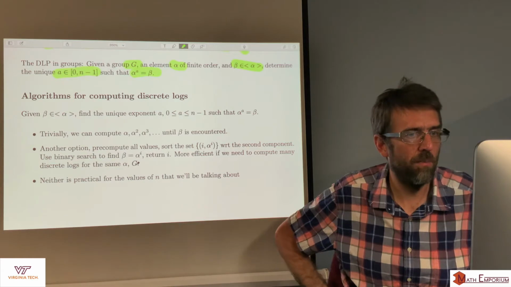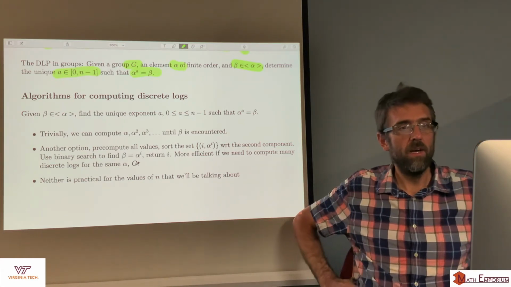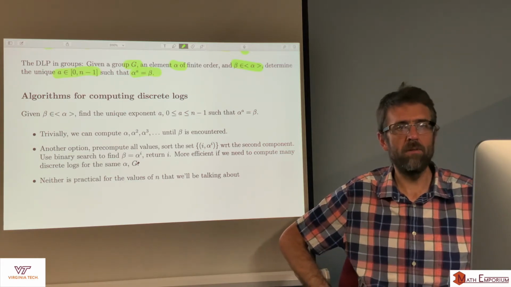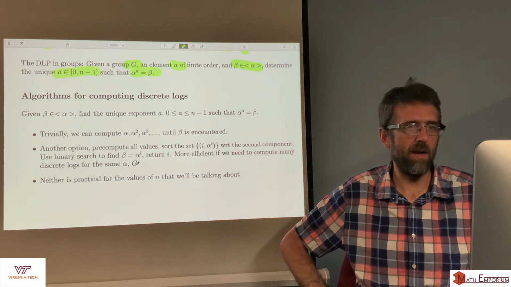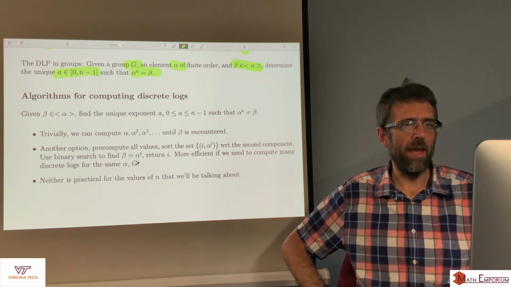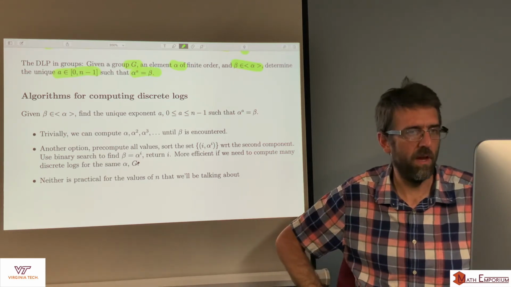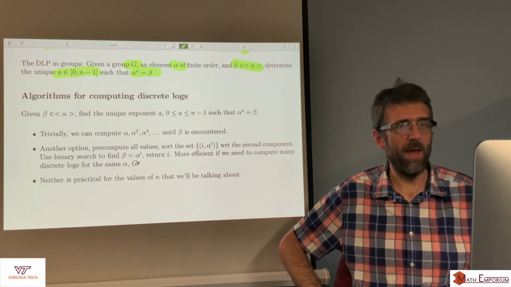Another option would be to pre-compute all the powers of alpha and then sort the pairs with respect to the second components, or maybe hash on the second component. Then use binary search or some sort of hash lookup to find beta.